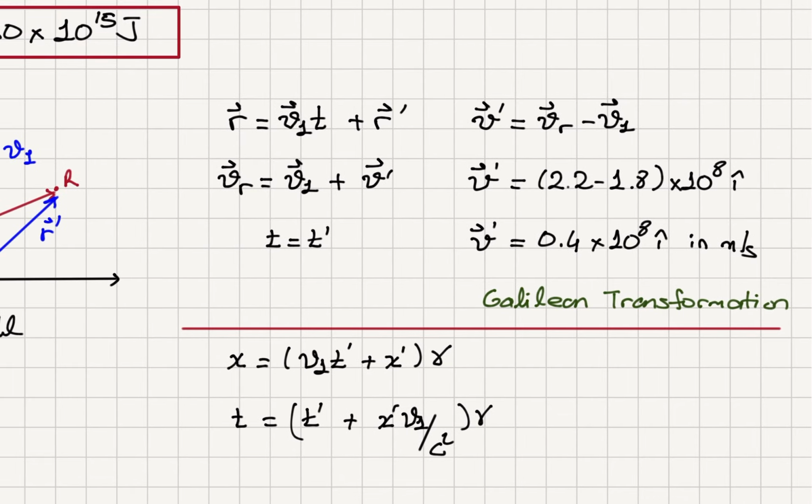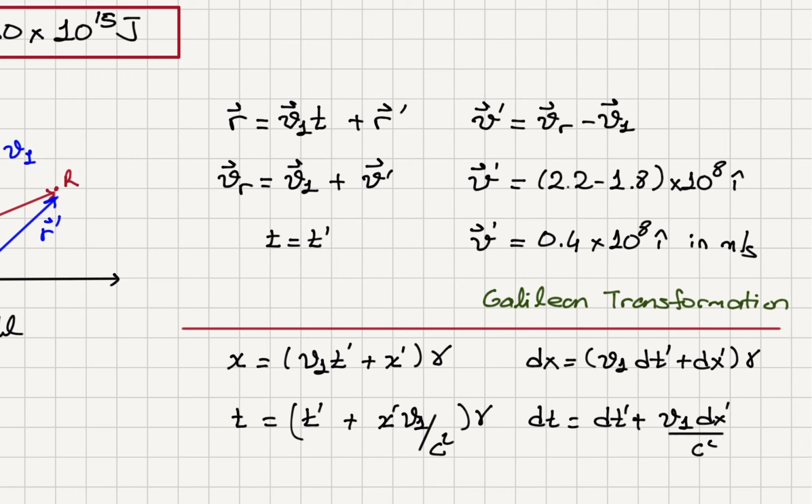And if I write this in differential form, dx is equal to v1 dt prime plus dx prime times gamma, and dt is equal to dt prime plus v1 dx prime divided by c square, multiplied with gamma.